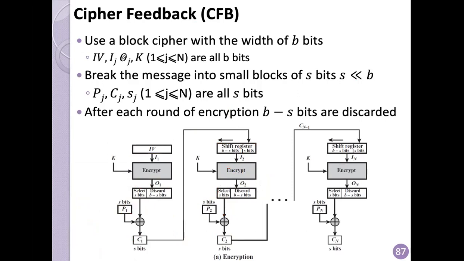Let's assume that we are talking about an encryption which has a block size of 16 bits, and let's assume that here we have 1, 2, 3. I'm writing the numbers in hex.